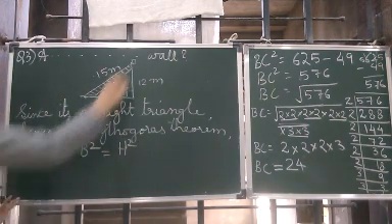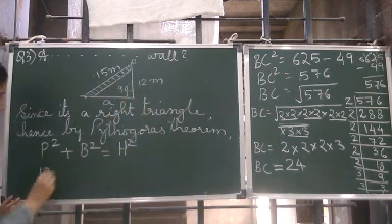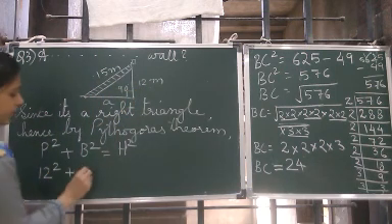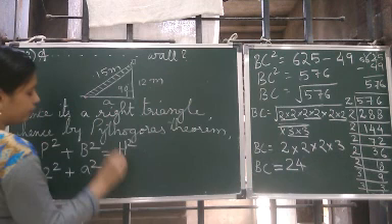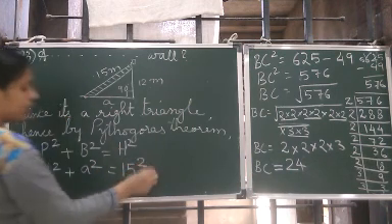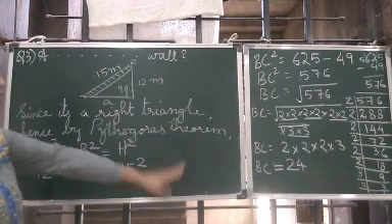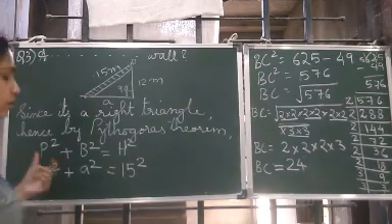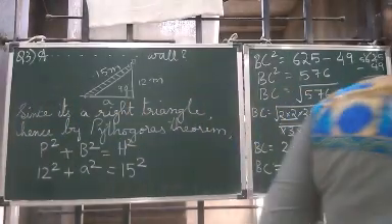Now what is the perpendicular? This is the perpendicular, so 12 square. What is the base? A square. And what is the hypotenuse? 15 square. Now this 12 will be shifted here, so it is positive, it will become negative.